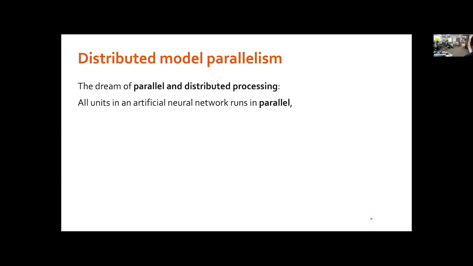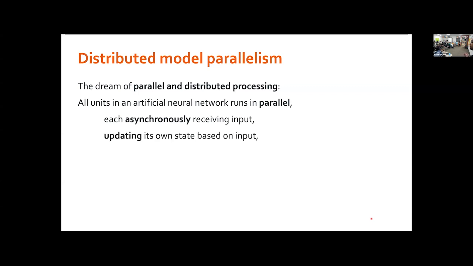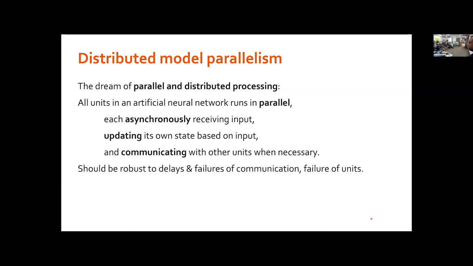I hadn't read the PDP volumes yet, but this idea made a lot of sense, because you really have this architecture which is distributed and which can be run in parallel. So what I thought of was an artificial neural network where all the units run in parallel, each one asynchronously receiving input, updating its own state based on this input, and communicating with other units when necessary. And it should also be robust to delays and failures of communication and failures of units, right?